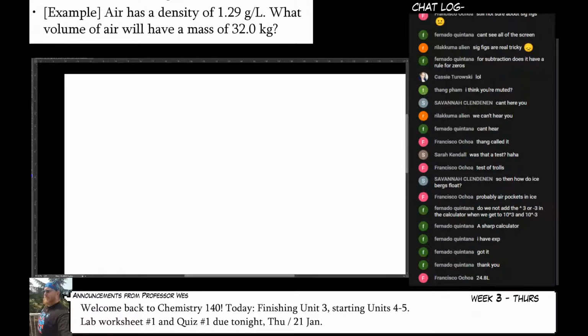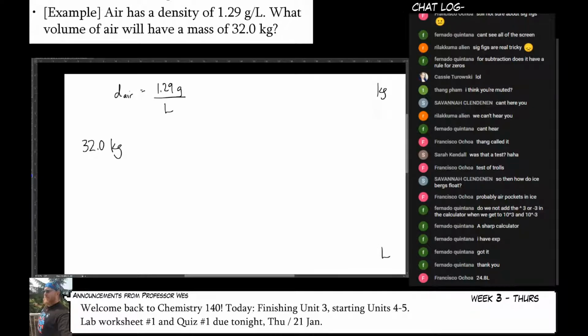So I know the density of air is 1.29 grams per liter. And I want to figure out what volume of air must have a mass of 32 kilograms. So I need to go from kilograms to volume, which would be liters.